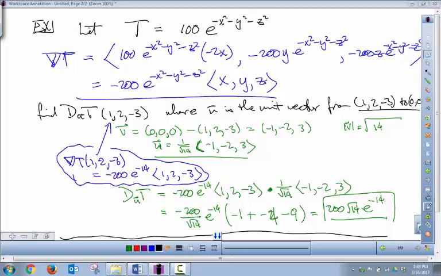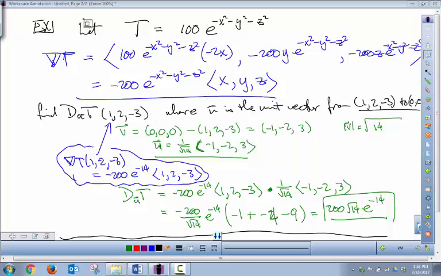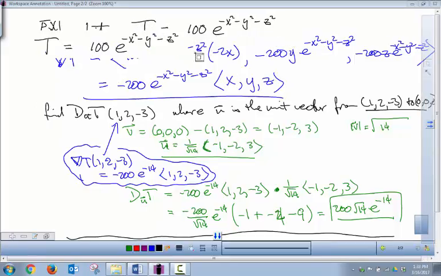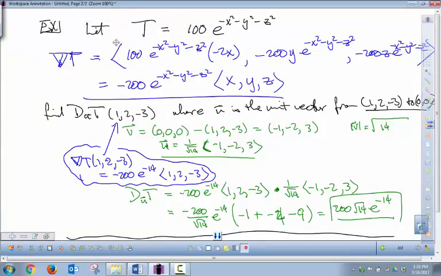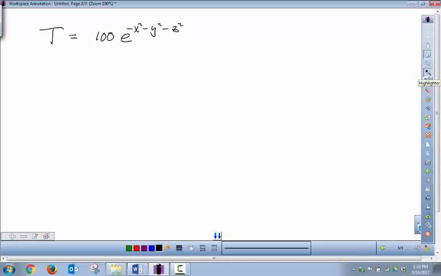Let's keep going with this same example. I'm going to go to the next page. I'll take a picture of our function. And the next idea that we had was the maximum rate of increase.